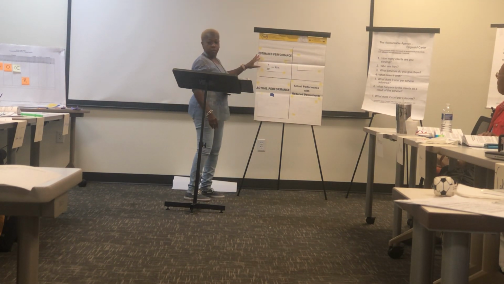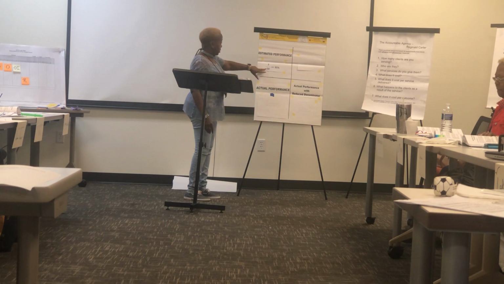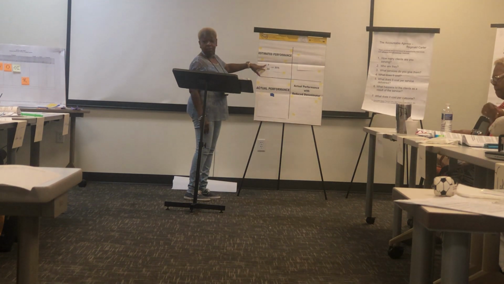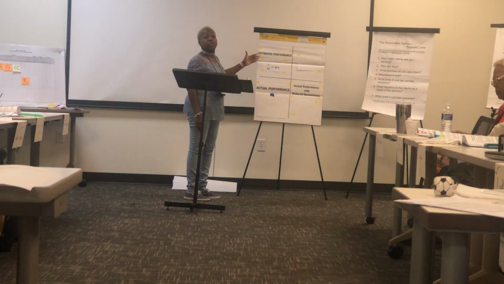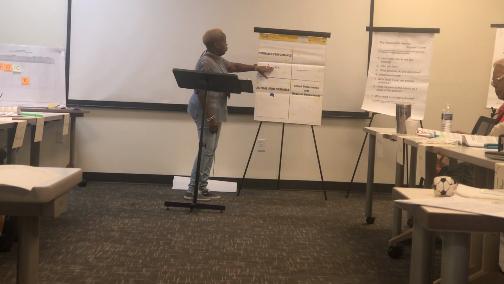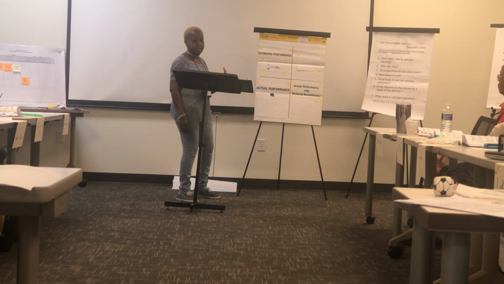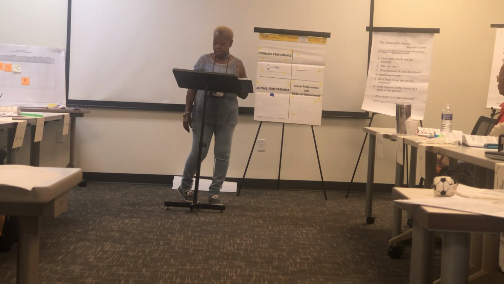Our estimated performance, we had 20 families, which is our denominator. So we had 7 families who actually increased their household income. On that, which is the estimated performance, we had 35% of the families that we had projected actually increase their household income.